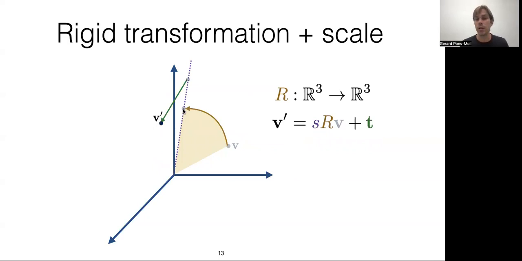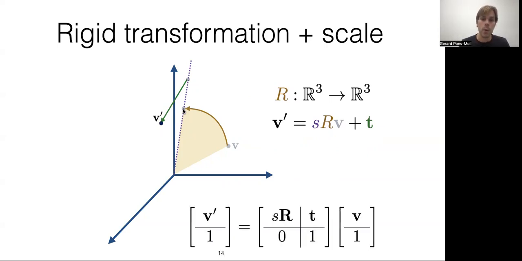And then finally, a translation is just moving the vertex by the tx, ty, tz components of the translation vector. We can express this in a matrix in which the first 3x3 block contains the scalar times the rotation, and the fourth row contains the translation. Like this, we can obtain the transformed vertices V prime.